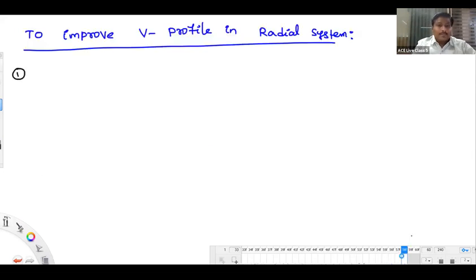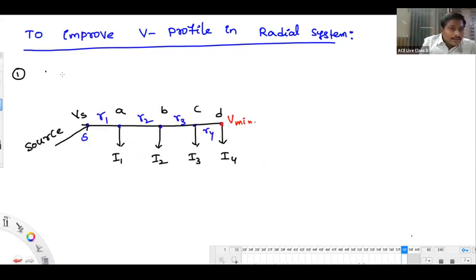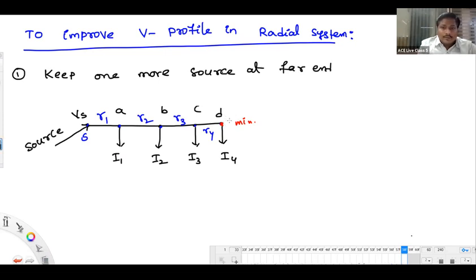I'll keep one more source at the far end. This is one technique, so that definitely the voltage profile is going to improve.